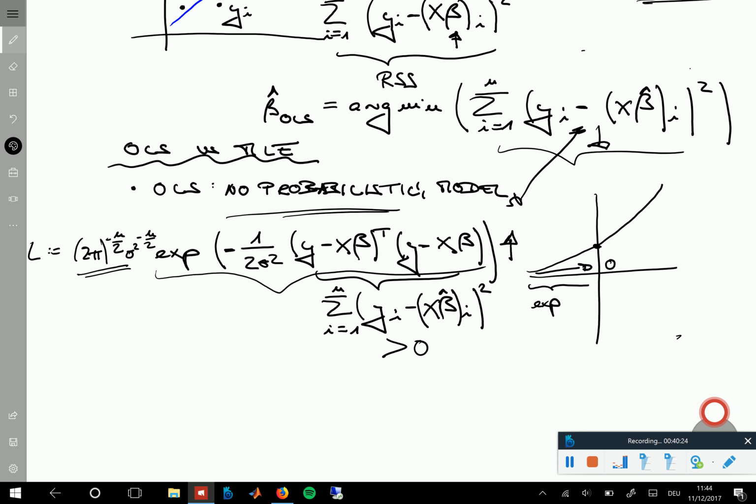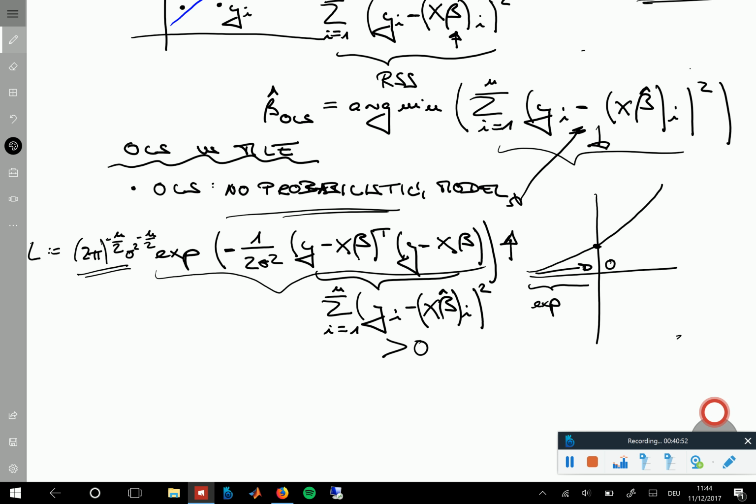Did I confuse you at one point with this? If yes, tell me where. No. So this shows that minimizing the residual sum of squares and maximizing the likelihood in a GLM for the beta parameters is the same thing.